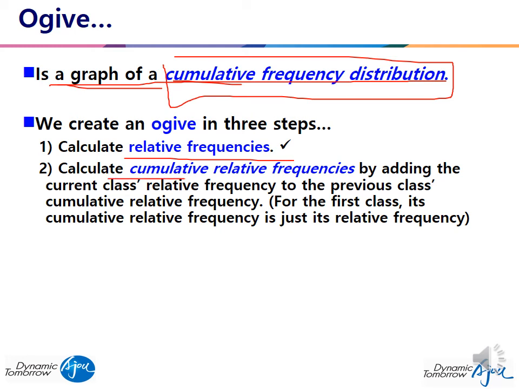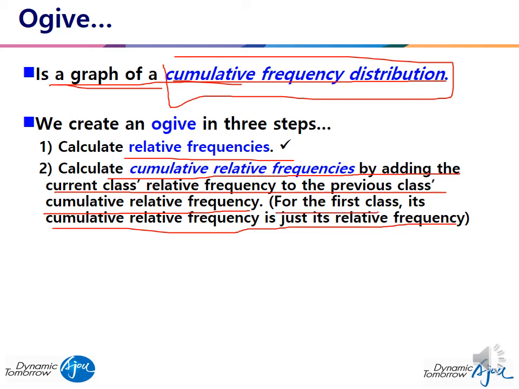Calculate the relative frequency, and calculate the cumulative relative frequency by adding the current class's relative frequency to the previous class's cumulative relative frequency. For the first class, its cumulative relative frequency is equal to its relative frequency.